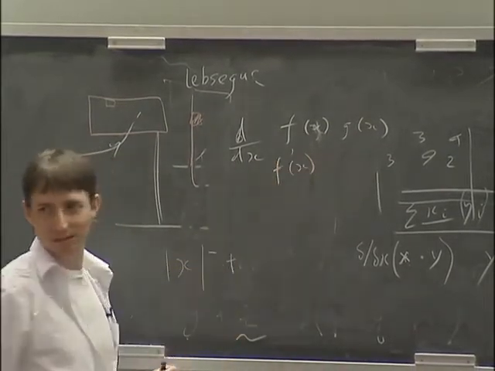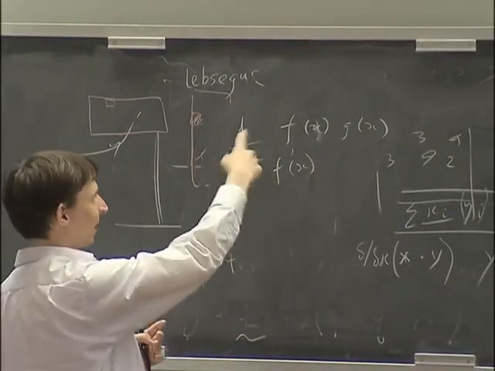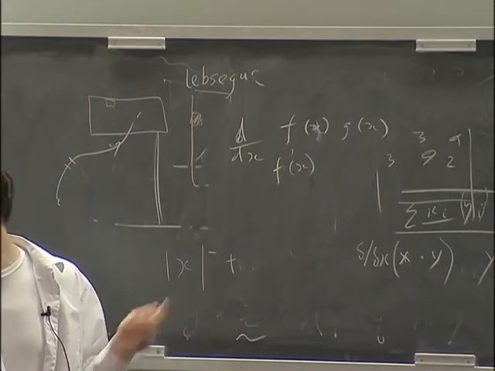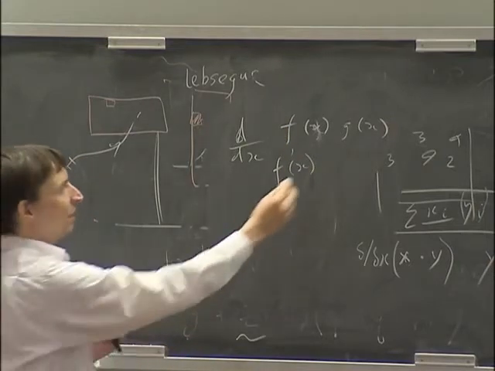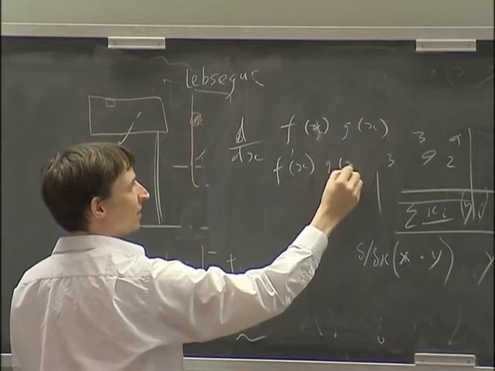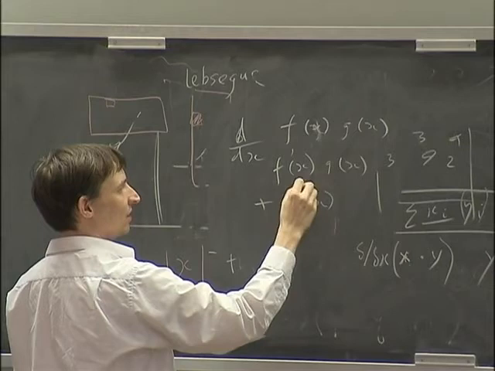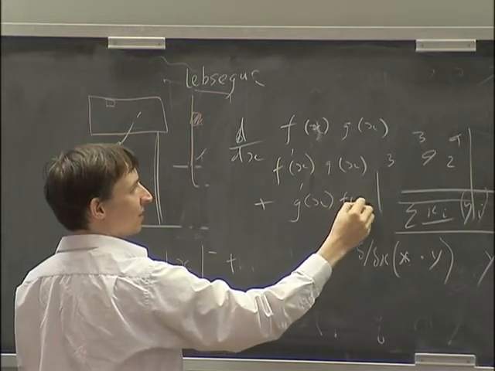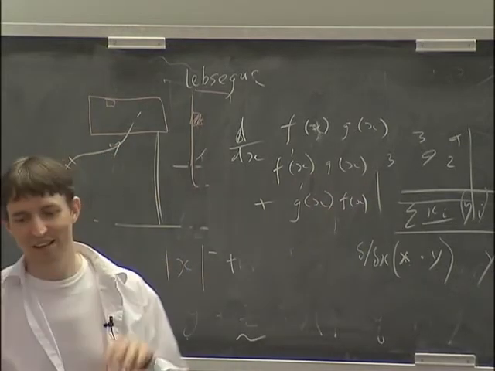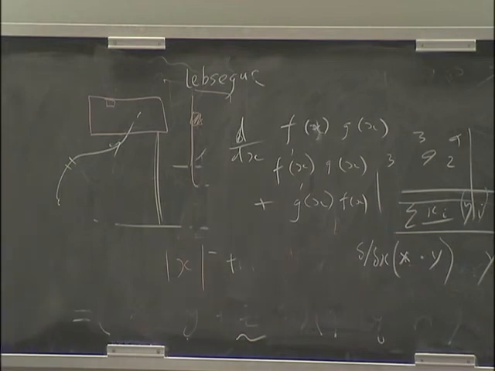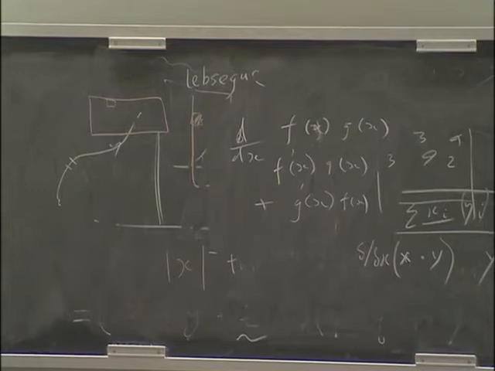I'm using inconsistent notation: I mean d by dx of f of x, but it's quicker to write dash. Now, this is what they normally do for matrix calculus. They normally use a conventional product rule like that.